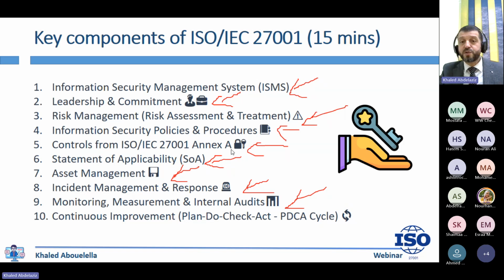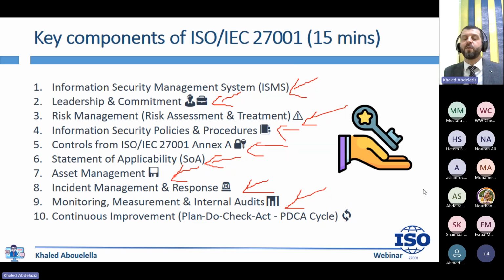Okay. Also, you need to conduct internal audits. Regular internal audit is very important, not just very important, it's a requirement. One of the requirements if you want to have a certification audit for ISO 27001 is to conduct regular internal audits to identify the weaknesses, to identify areas of improvement, and to have a report.